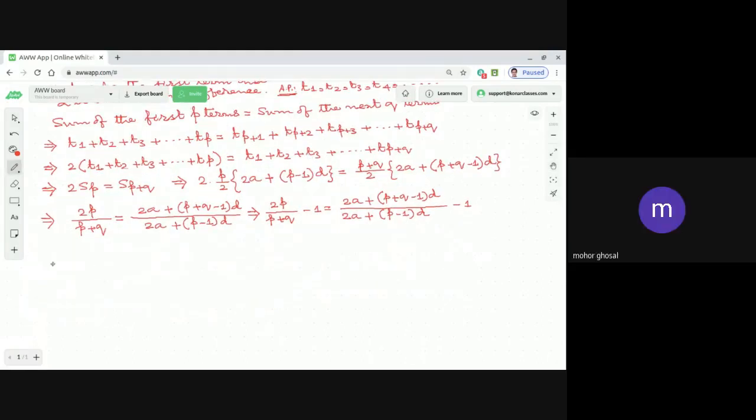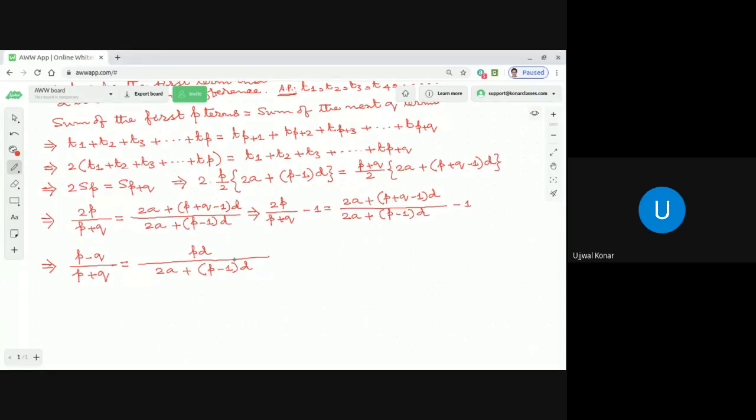We are going to get P minus Q divided by P plus Q. That if you simplify, you are going to get P into D divided by 2A plus P minus 1 into D. I'm sorry, that is a small mistake I have made here.